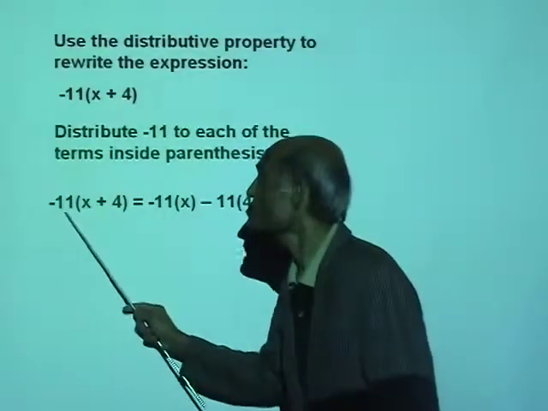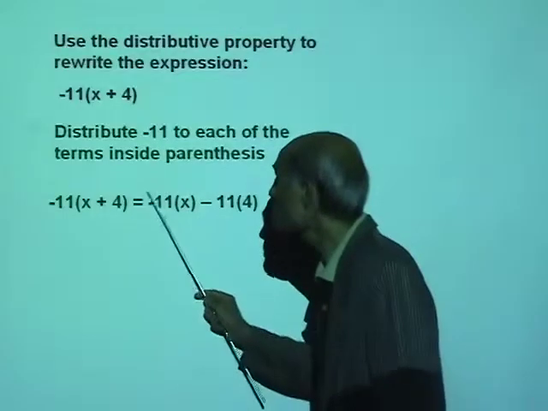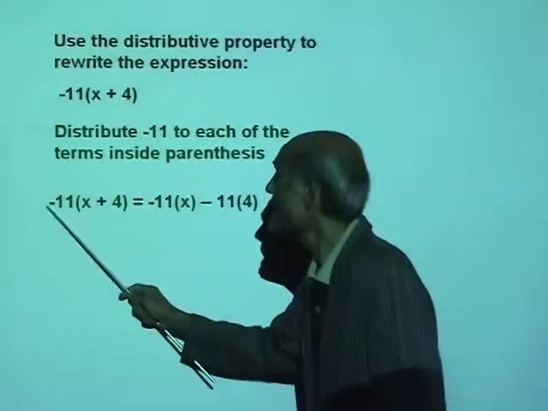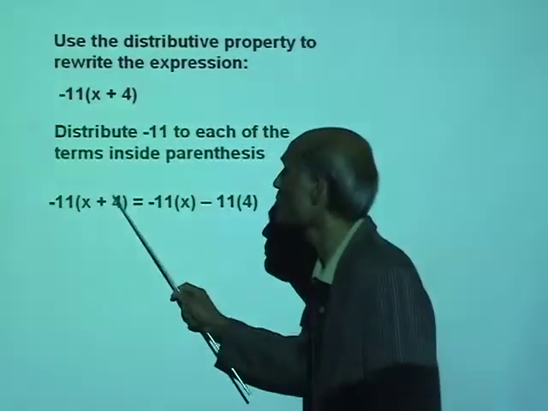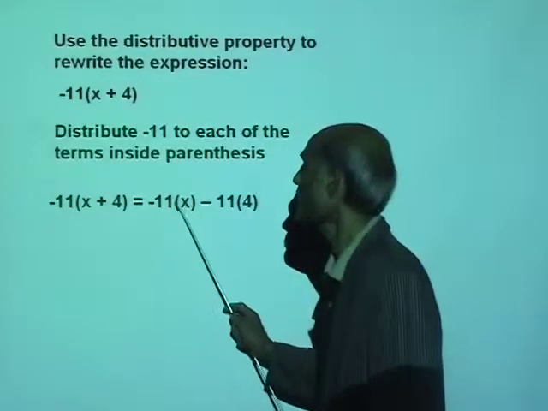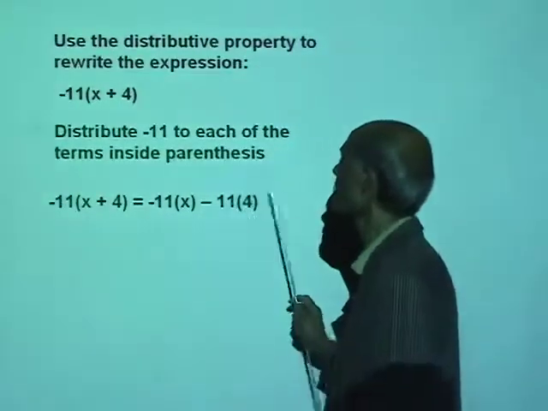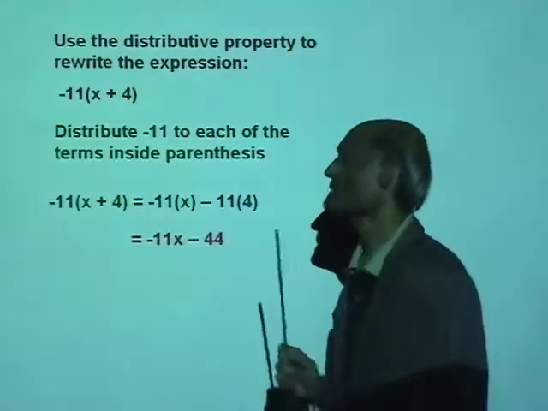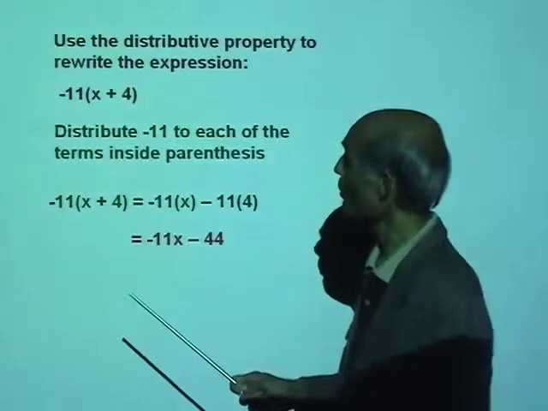That will be negative 11 times x is negative 11x. And negative 11 times positive 4. So minus 11 times x, minus 11 times 4, and that will be negative 11x minus 44.